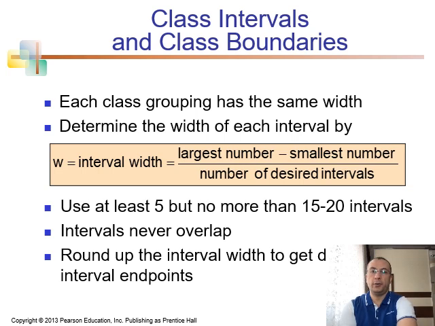So how many categories are we going to use? There is no certain answer, and there are different formulas for this. For example, this is one formula here. It looks at the interval width, largest number minus smallest number, over the number of desired intervals.